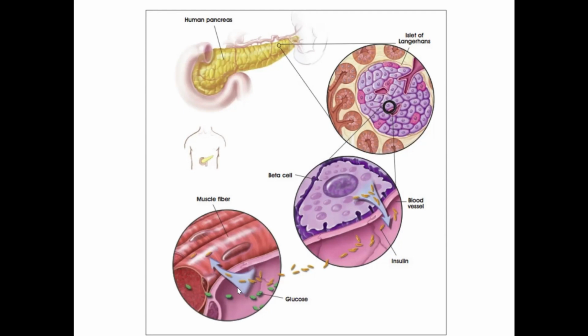And some of our cells are going to be able to interact with it, only the cells that have insulin receptors. If a cell does not have an insulin receptor, it just doesn't even know that the insulin is there. It can't see it. So if you have an insulin receptor, it'll bind to the cell, and that will allow your cell to take in glucose.